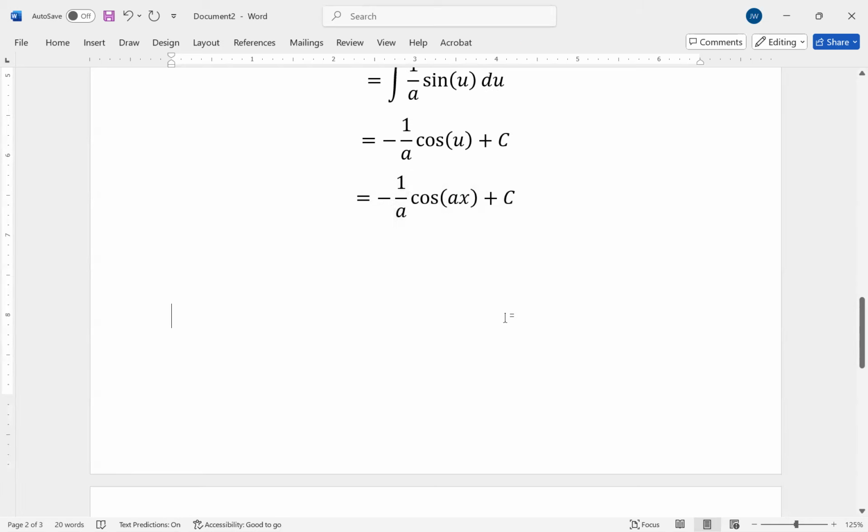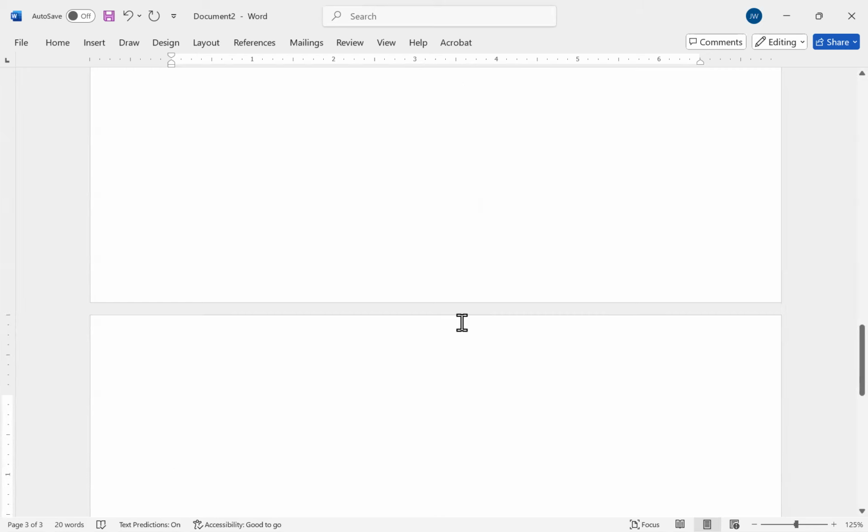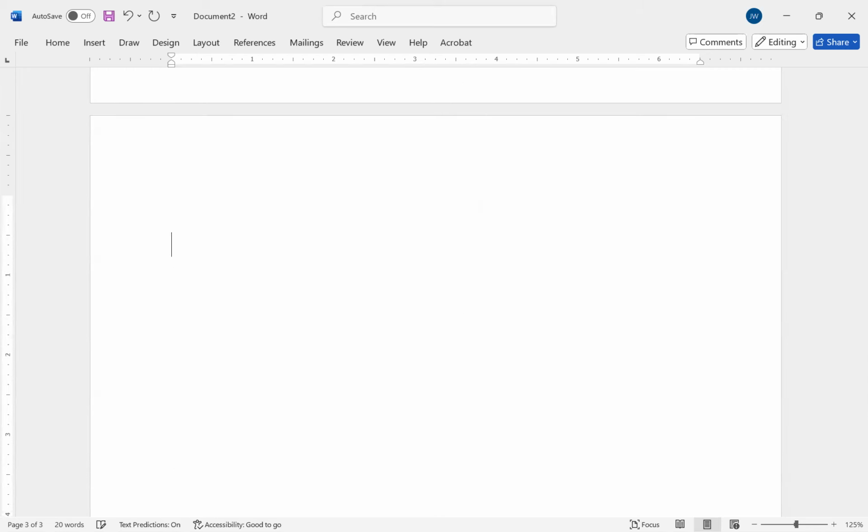So we can guess what would happen if we took the antiderivative of cosine of ax. I don't have to do all of the work. I'm just going to say, well, the antiderivative of cosine is sine, so we're going to get sine of ax. But since we have an ax in there, we divide by a out front as well.